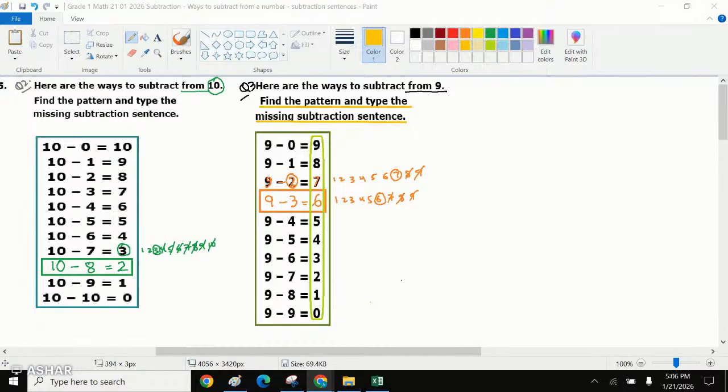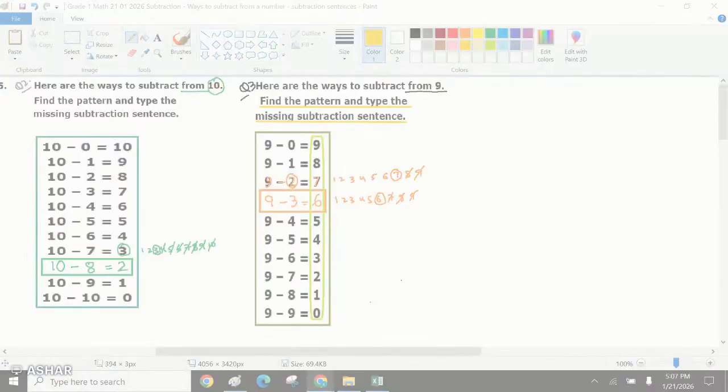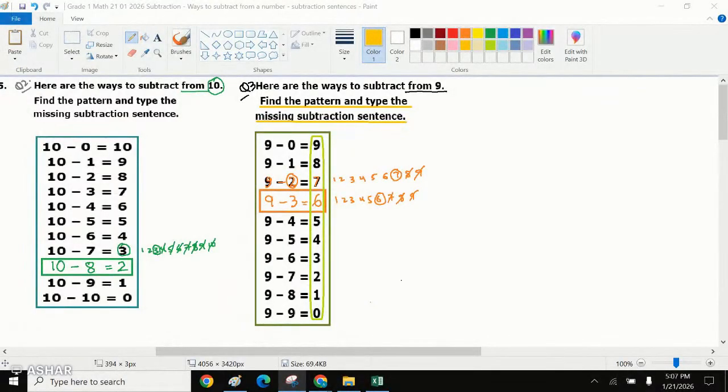Okay. I'll just copy part of it from here. I'm just copying the part of the question from the previous screen. The question number 4, the question given to us is this. And I would say it's a subtraction from 10.